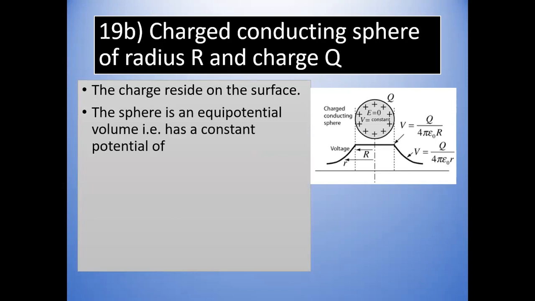They will repel each other. So the sphere is an equipotential volume. That means the potential anywhere is constant. Potential is constant inside the sphere and on the surface of the sphere, given by this formula.